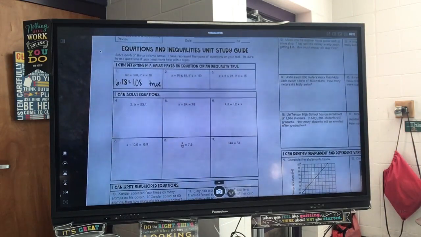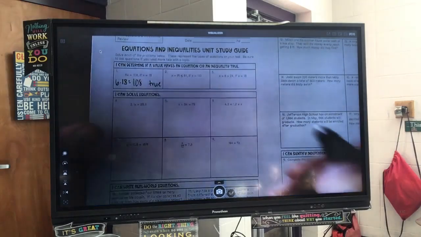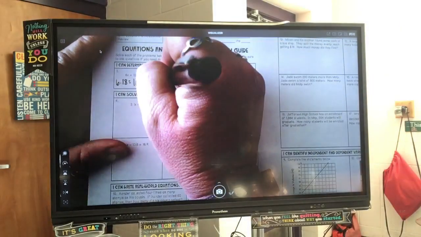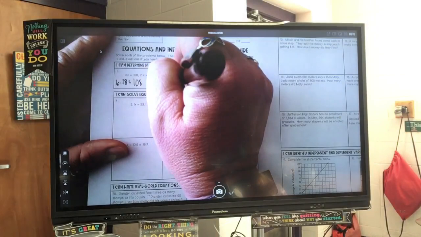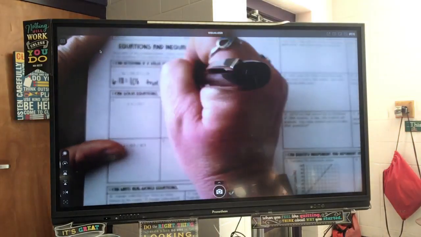Alright, the next one says x minus 19 is less than or equal to 81 if x equals 110. So what do we have to do here for this problem? Camden. Swap x out for 110. Okay, so I'm gonna do 110 minus 19, and we're saying it's less than or equal to 81.